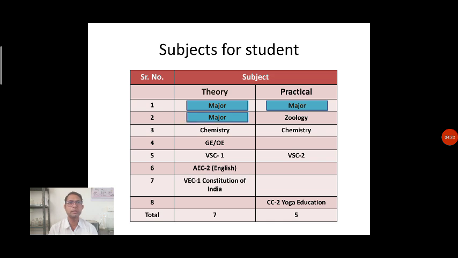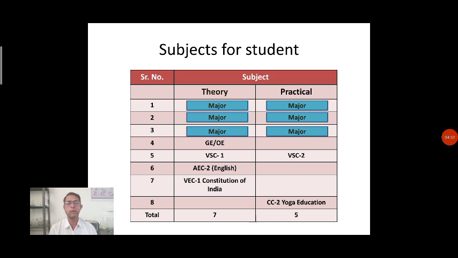So here you can see the three major courses or major subjects, that we call core subjects again. This core subject also has the practical. So core, theory and the practical are also there. So these are very common subjects for the students.